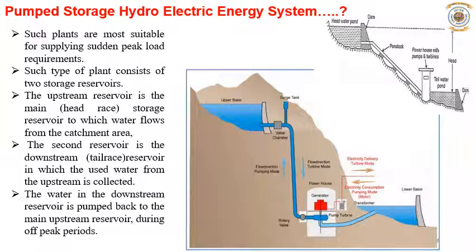The energy available during peak load periods is higher than that during off-peak load periods, so in spite of loss incurred in pumping, there is an overall gain. Then the load on the hydroelectric plant remains almost constant or uniform.